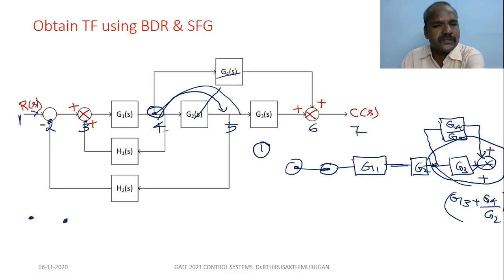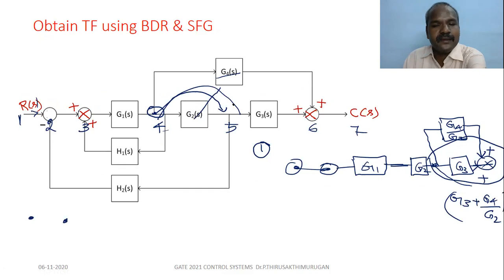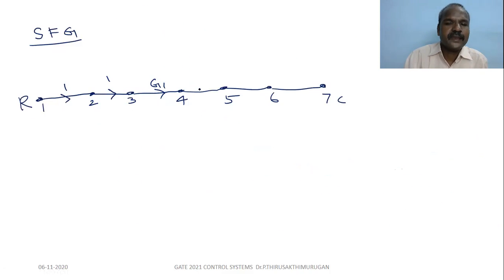Between 2 and 3 also the gain is 1. Between 3 and 4 the gain is G1. Between 4 and 5 the gain is G2. Between 5 and 6 the gain is G3.